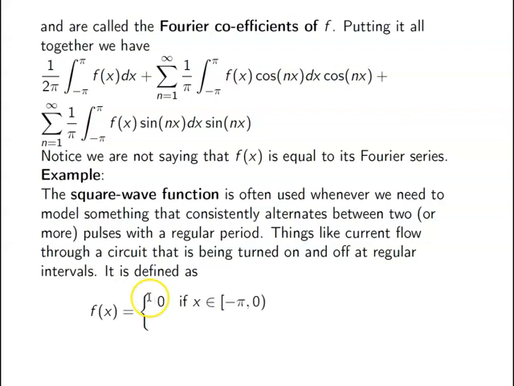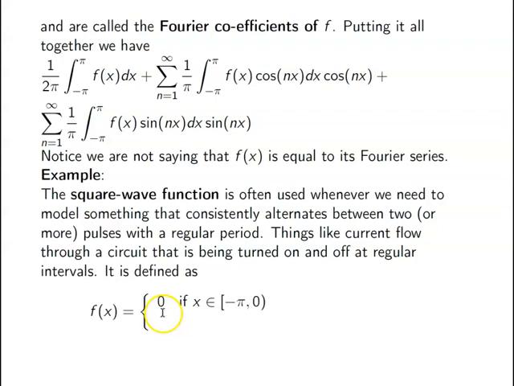So before we get into the definition, just think of anything that's on, off, on, off. There's really no intermediary state between yes and no, and that's what the square wave function is used to model: when something's happening and when something's not happening.